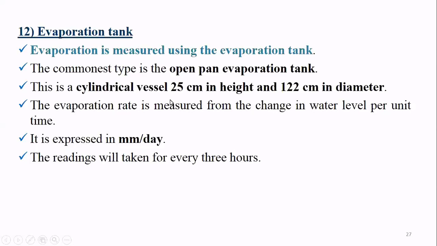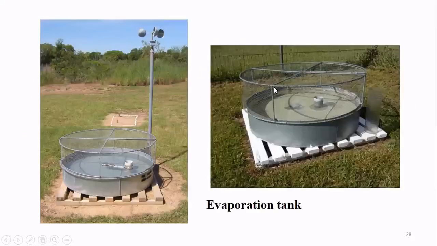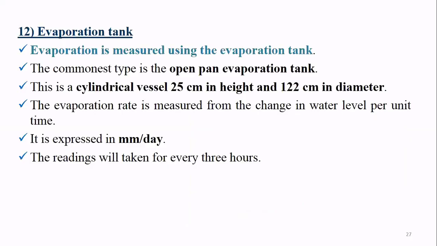Okay. Then you want to know that the diameter of the top of this cylinder needs to be 1.22 meter, that is 122 centimeter, and the height of the vessel is 25 centimeter.